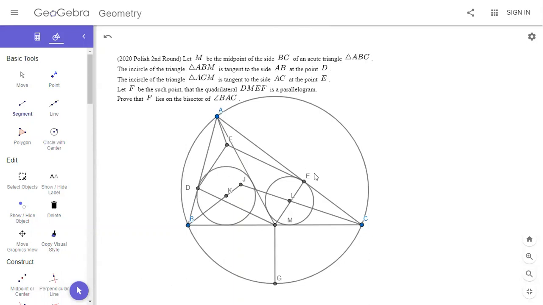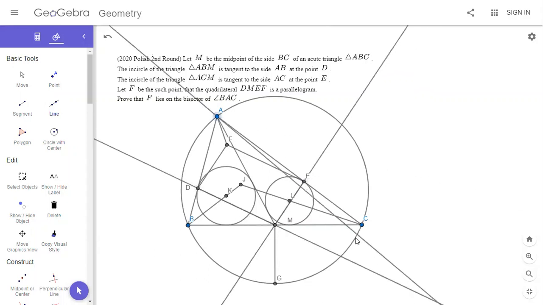Sine ADF. I kind of wonder what if. Sorry. There's got to be a better way.